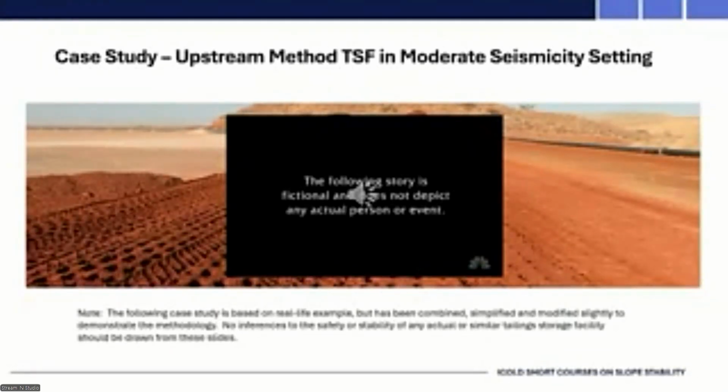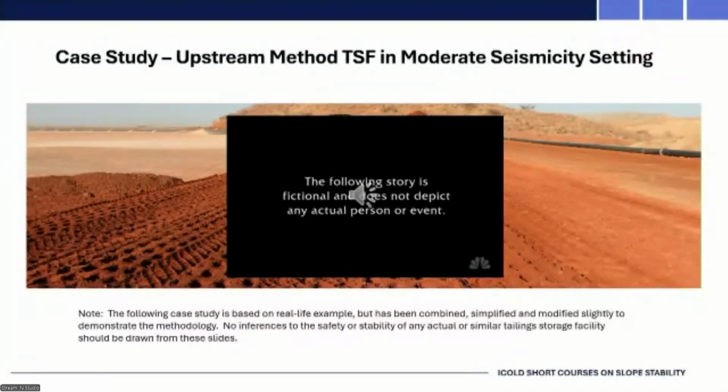Okay. So this is a case study on an upstream method TSF in a moderate seismic setting. If anybody's ever watched the Law and Order series on TV, which is one of my favorite shows, they always begin with this disclaimer because all of their stories are taken out of the news, but they change the facts to protect the innocent. So think about that. This is actually based on real conditions, but it's a combination from different projects to, again, protect the innocent, but also to demonstrate the methodology.